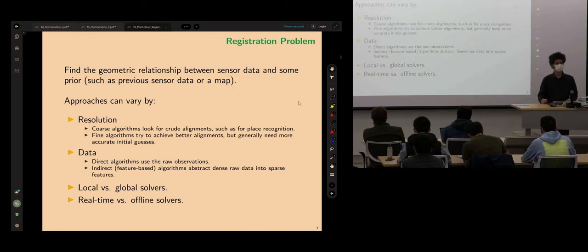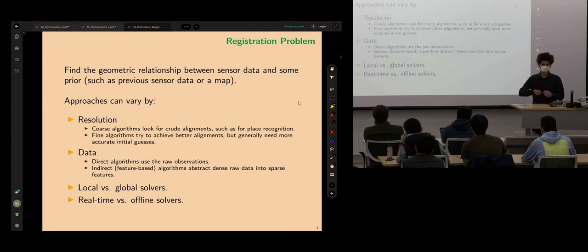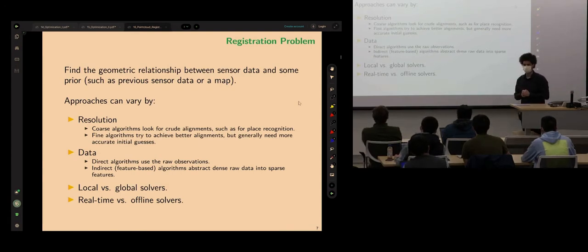For example, for place recognition, it might be sufficient to detect it's the same place, and roughly recover the geometric relationship between the image that you observed maybe 1 hour ago and a different view of the same area that you're observing now. What's the transformation of the camera between these two different times?